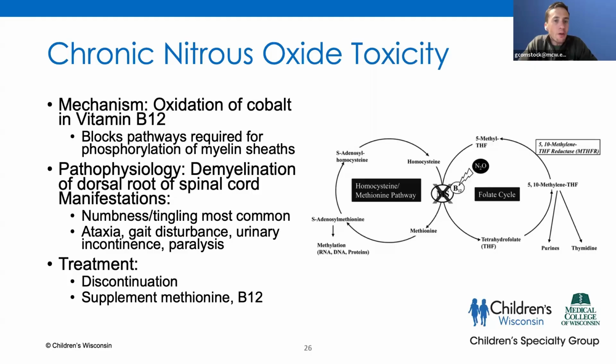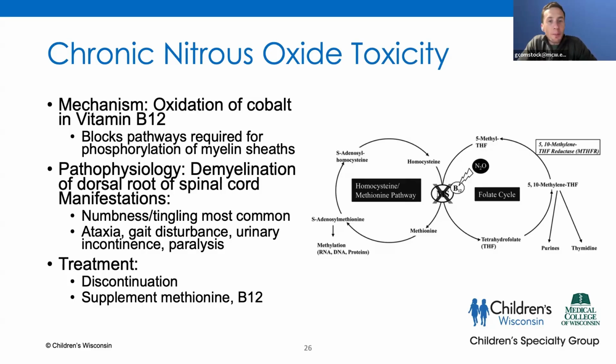Why does that matter? Well, that final product, S-adenosyl methionine, is required for maintenance of our myelin sheaths. If you're not able to continue to maintain your myelin sheaths, then ultimately what you're left with is demyelination and neurological injury. That's very problematic, and it manifests quite severely in a number of these cases.